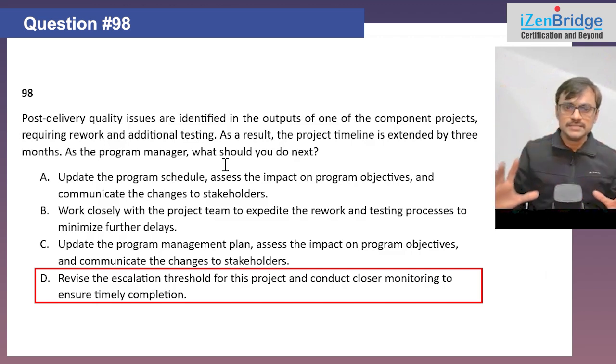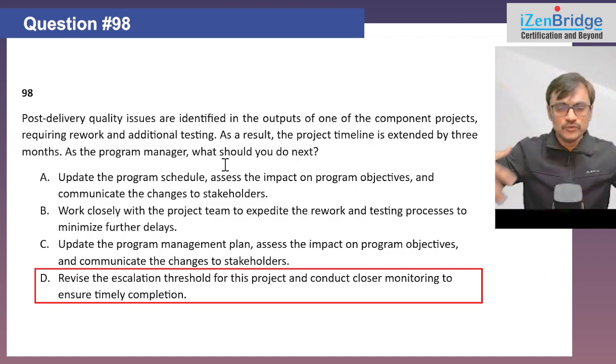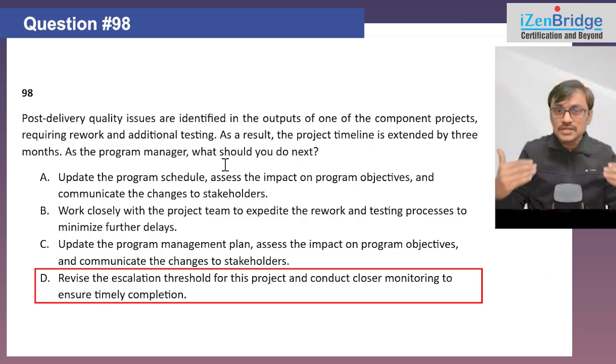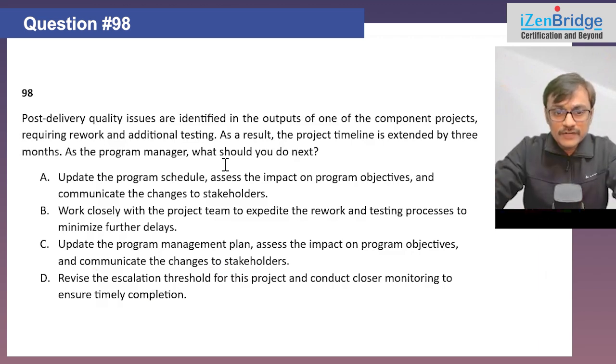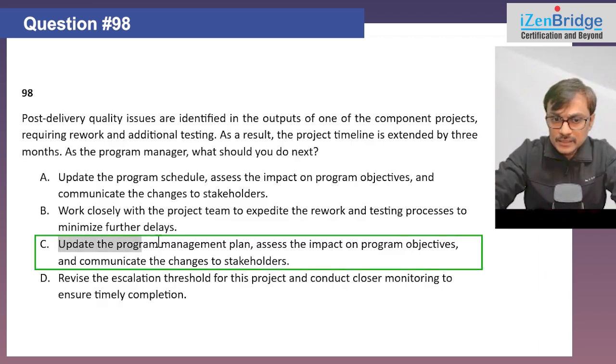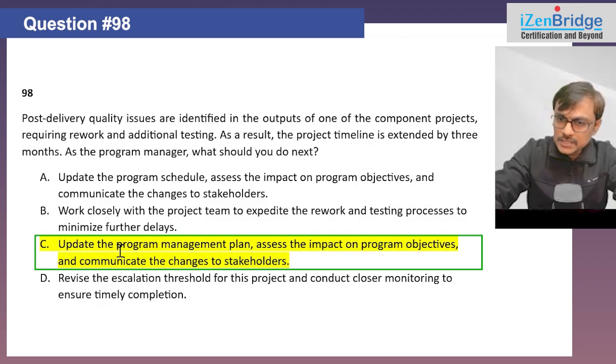So B and D are telling, once you execute this, you should be more efficient, but I need to start with planning first. I need to revisit my plan before I get into execution. So option A and C remain the candidates, and because C is more open and holistic in nature, taking care of the program management plan, we go with option C.